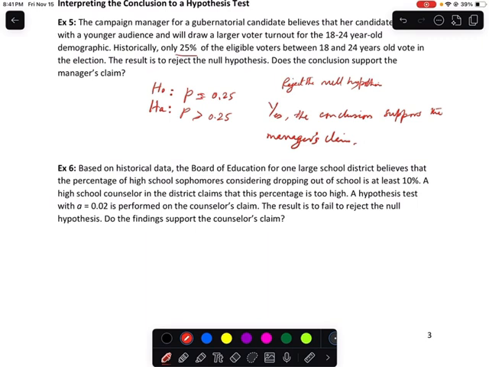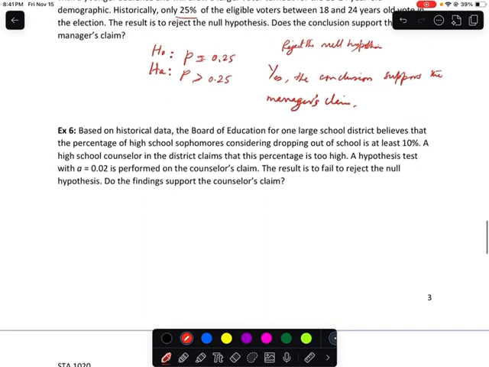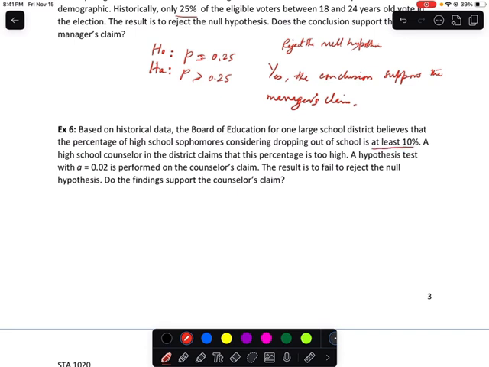Second example: based on historical data, the Board of Education for one large school district believes that the percentage of high school sophomores considering dropping out of school is at least 10%. A high school counselor in the district claims that this percentage is too high. A hypothesis test with alpha equal to 0.02 is performed on the counselor's claim. So what is the counselor's claim?